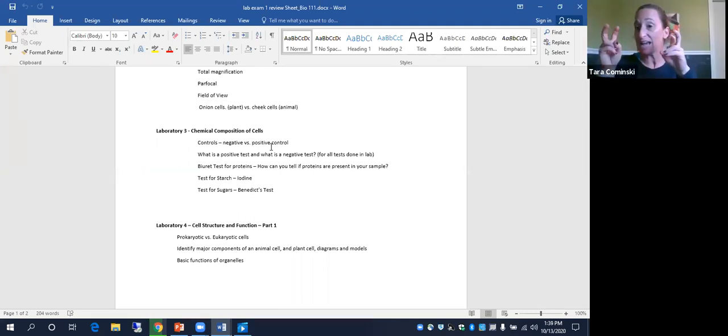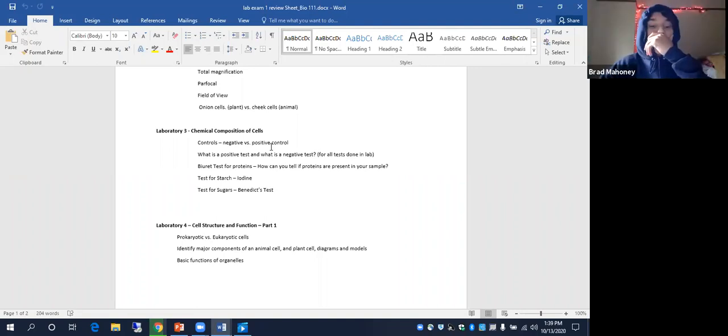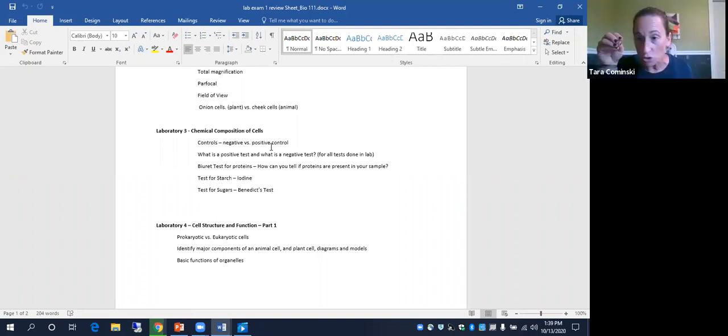The onion is not technically a positive control. That's one of your test samples. The actual positive control in an experiment is something that you know beforehand should automatically be positive. So if you had a starch solution and you did that experiment and it doesn't turn blue-black, that might indicate something's wrong with your iodine solution, and therefore all the rest of your samples are going to be messed up too.